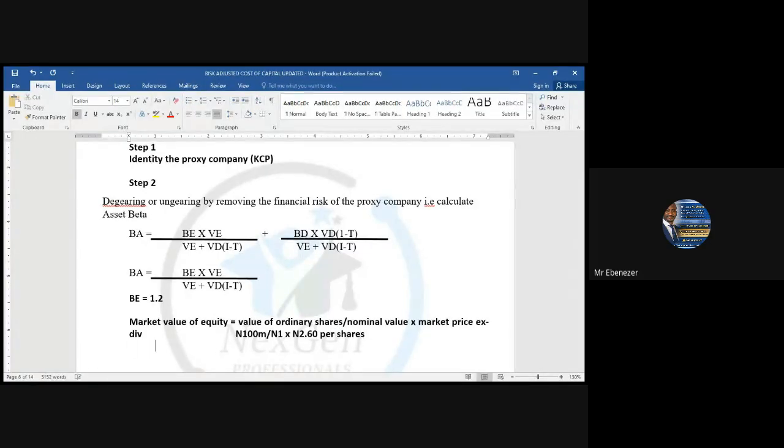So what is the value? 260 million. Good. 260 million.